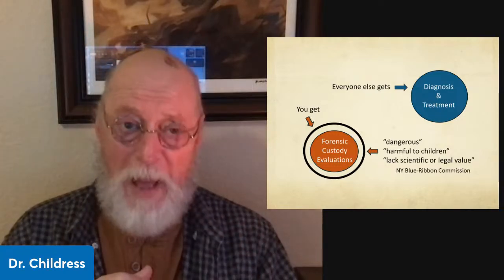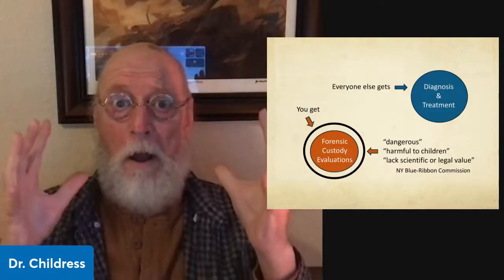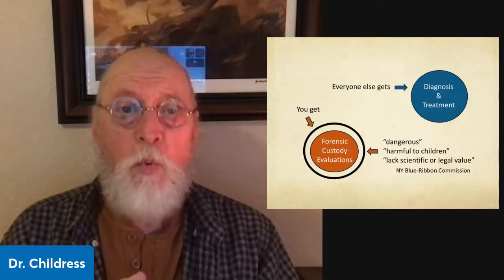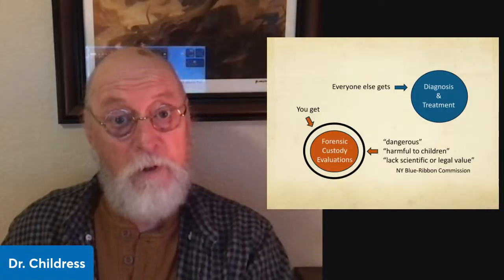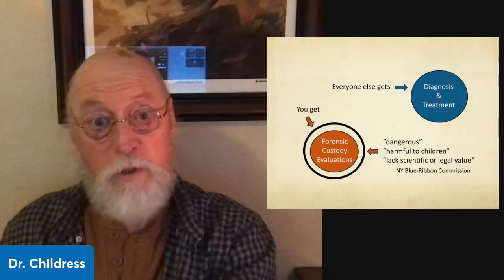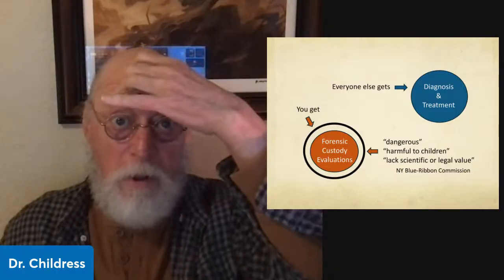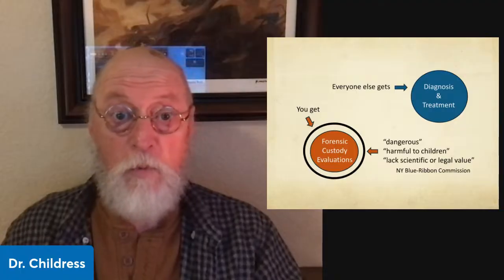They're the worst imaginable. So if you ask them for a differential diagnosis, they're going to go, I don't do that. So you will be unable to get a diagnosis or treatment for your child, for the child abuse, for the delusional disorder, for anything involving your pathology, because that's not what the forensic custody evaluators want to do.